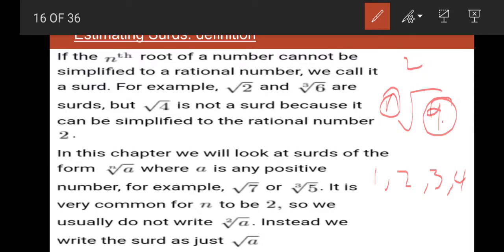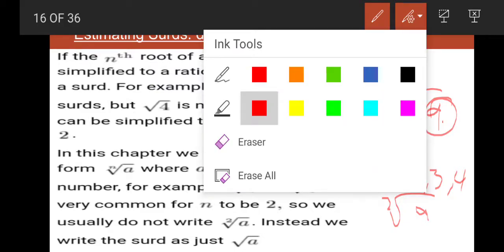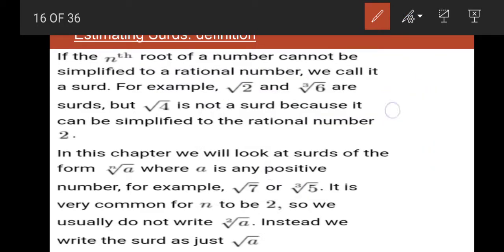And in the case where n is 2, we don't need to write the 2 here. We will just write this sign and our a. If we see a surd with this sign and a only, we know automatically that there is a 2 here.